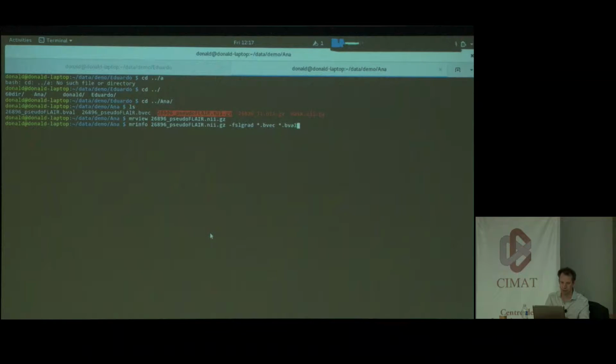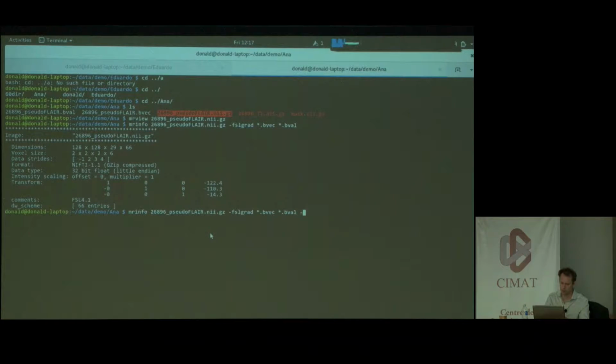So mrinfo, and you can ask it how many shells you have, and how many directions per shell. So I know I've got 2 b=0s, 32 b=1000, and 32 b=2000s.